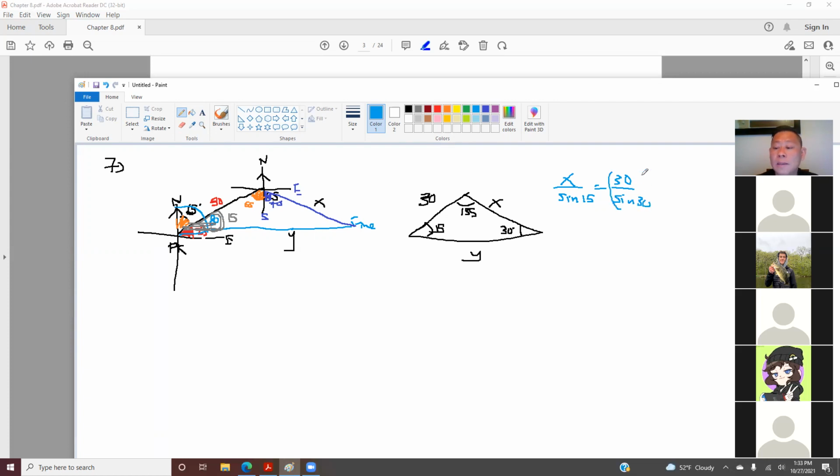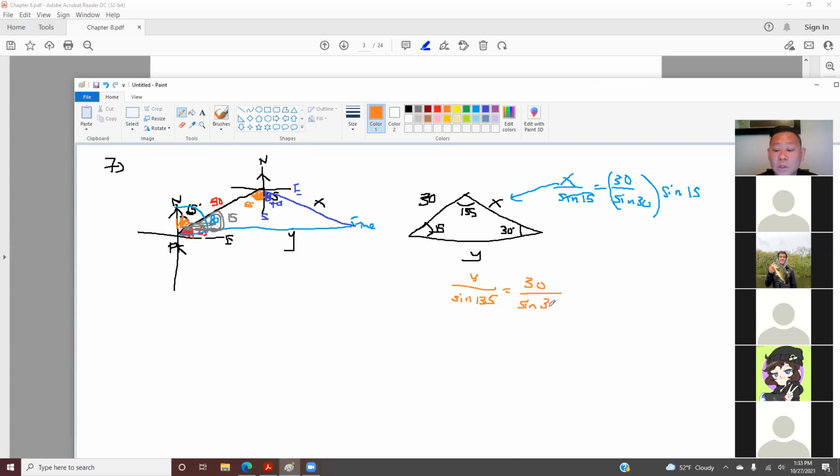So we will multiply this by sine 15. And that's how you find your X. In order for you to find your Y, you have to take Y over sine 135, this one across from him. And we still use 30 over sine 30 because that is given to us.